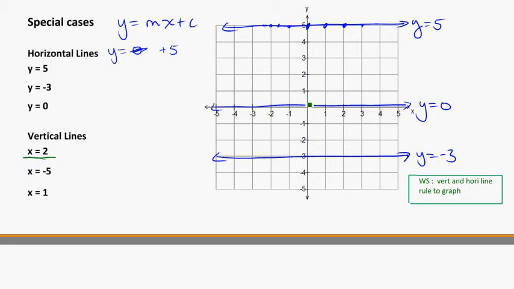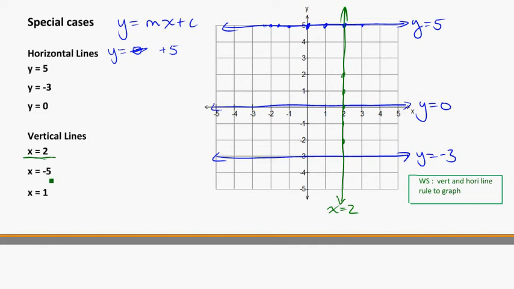So let's see where x is equal to 2. That's here, and here, and here, and anywhere along that line, x will be equal to 2. So if I have to plot x equals 2, it is literally everything along that line. It's going to give me a vertical line where every single point on that line has x equal to 2. So I don't care what y is, because x never changes.